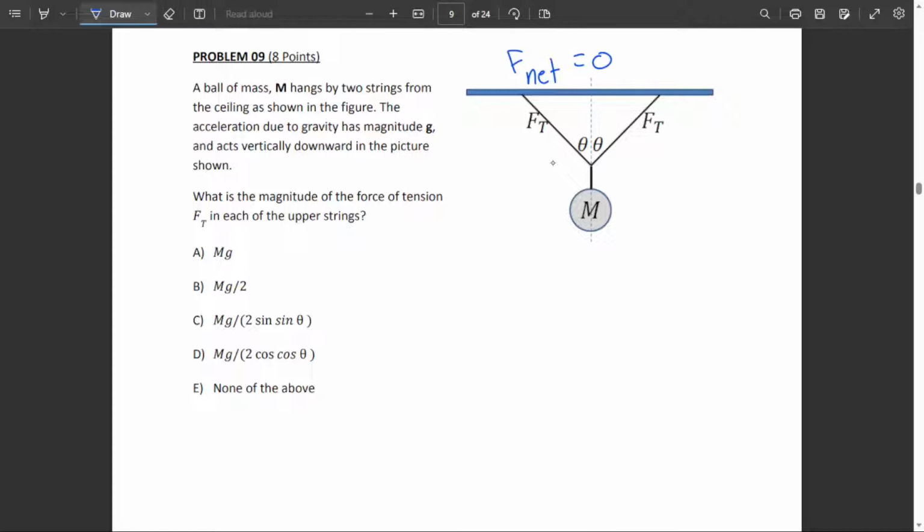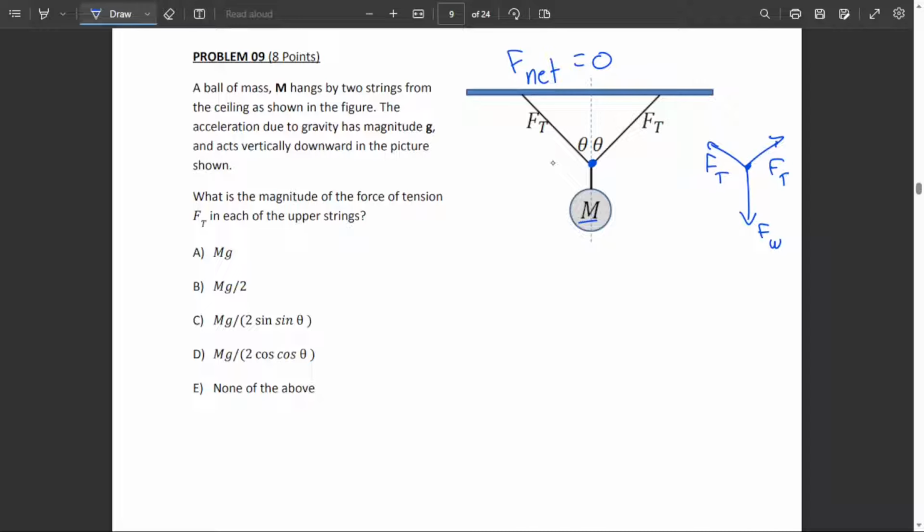If we look at this point right here, and we draw out all the forces, we have force of gravity due to this mass m. We'll call that the weight force. And then we have the two tension forces from each of the ropes. One in this direction, and one in this direction.